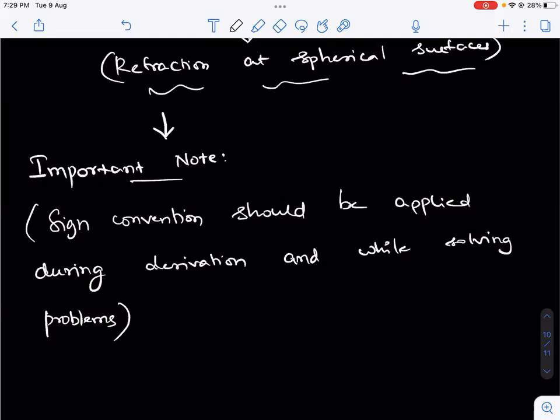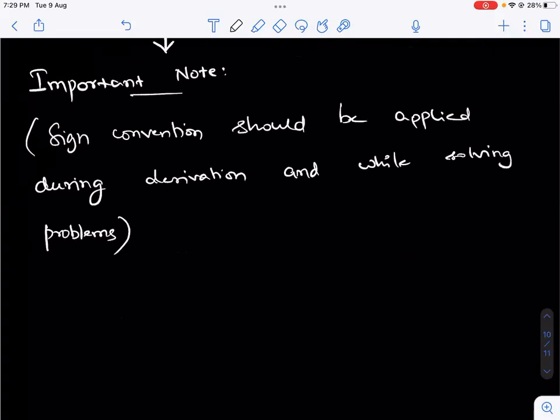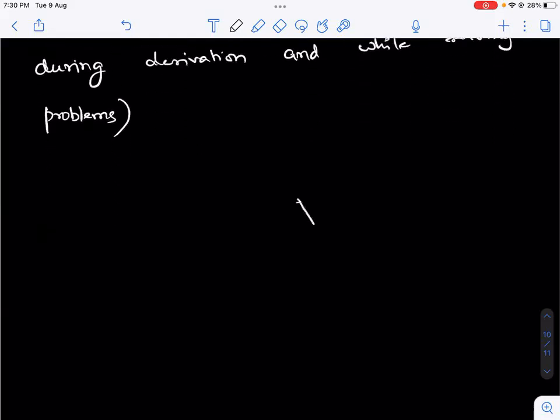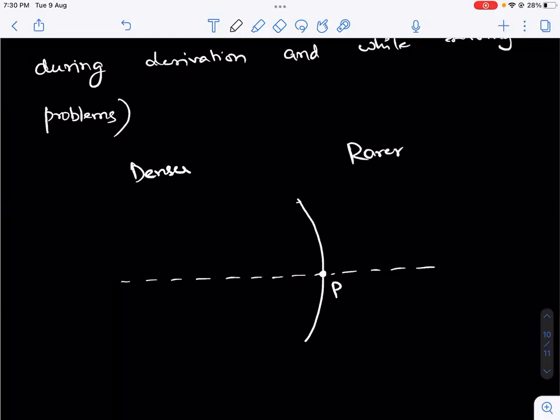So having this in mind, what we can do is observe. I'm giving you the same kind of a spherical surface. Okay. If this point is P, the only thing I'm going to swap here is this is denser and this is rarer, where this is mu1 and this is mu2.